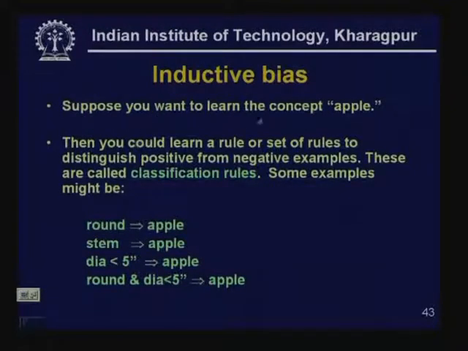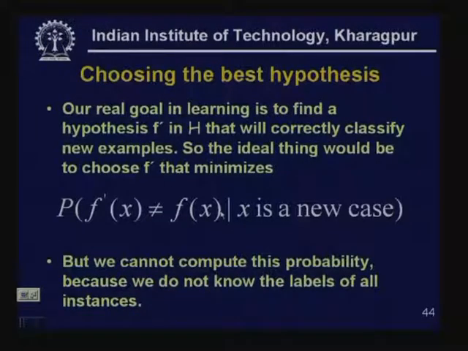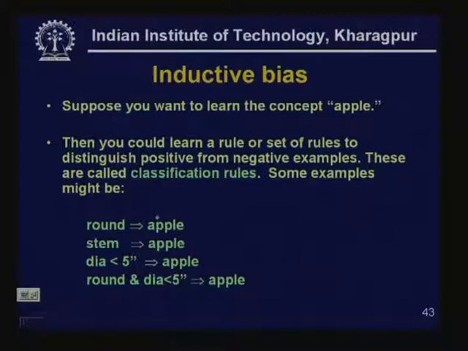For example, suppose you want to learn the concept apple. Then you could learn a set of rules to distinguish positive from negative examples. These are called classification rules. These are rules that we have already seen, and then in order to select among the rules, you apply a bias. This is called inductive bias.